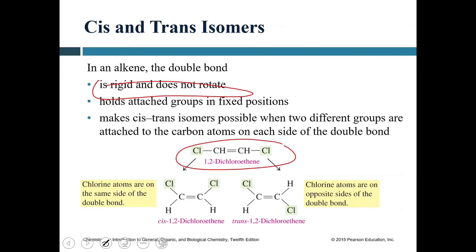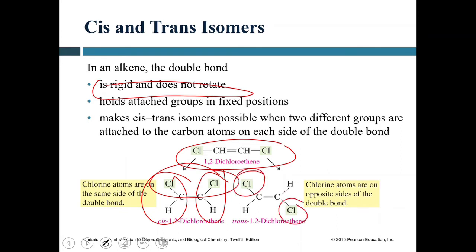So cis and trans isomers can form when 2 different groups are attached to the carbons connected by the double bond. So here you can see hydrogen and chlorine, and here you can see hydrogen and chlorine. But here you can see chlorine on one side, and here you can see chlorines on opposite sides.